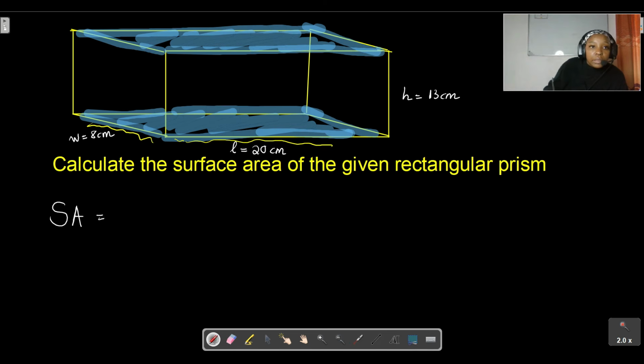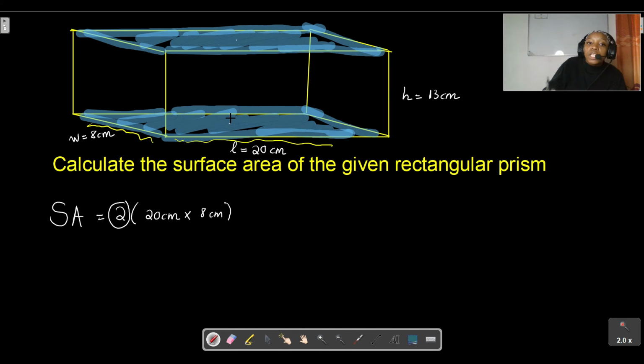So we are just going to say 2, multiplied by, what is the length? It is 20 centimeters, multiplied by, what is the width? 8 centimeters.